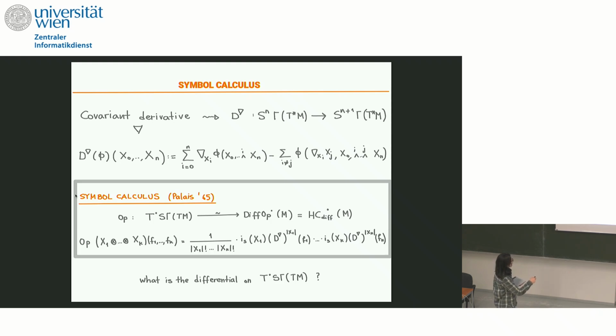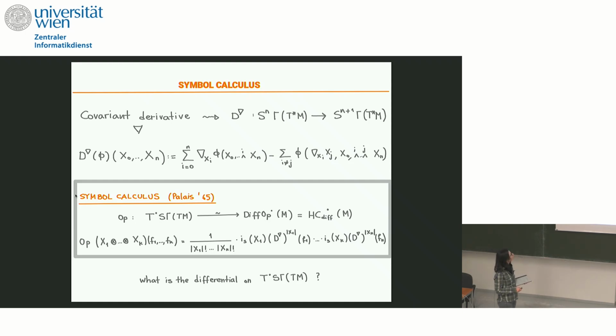I wrote you the formula here of this map, not that it's relevant for the talk. You can just forget it. I just wanted to point out that this map is really easy to construct out of the covariant derivative, it's nothing hard. Sorry, torsion free. Not in general.